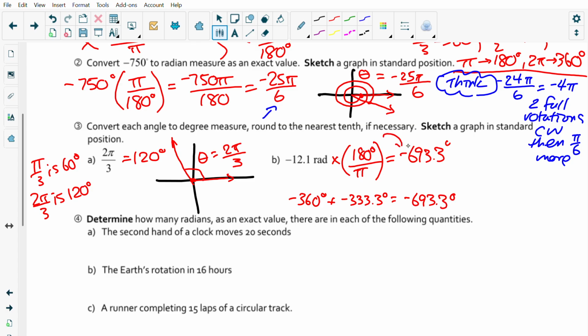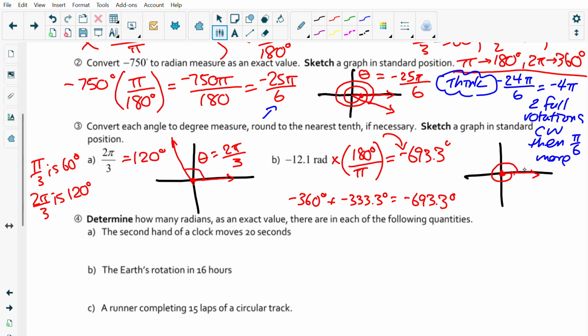It's a negative angle, so I'm going in the clockwise direction, folks. So I start here, initial arm, one full rotation in the clockwise direction, then 333.3 degrees more.